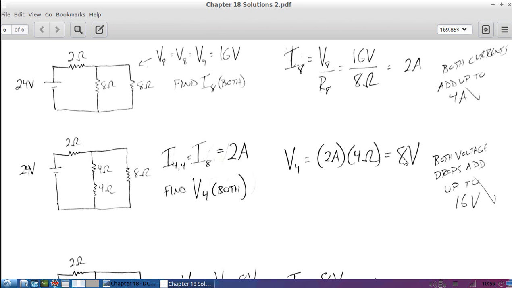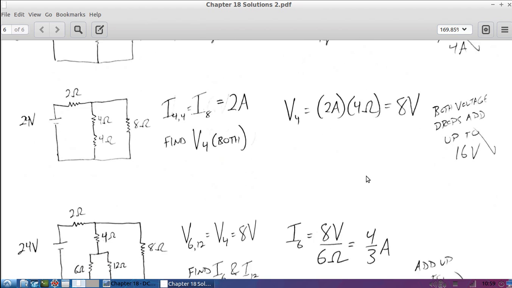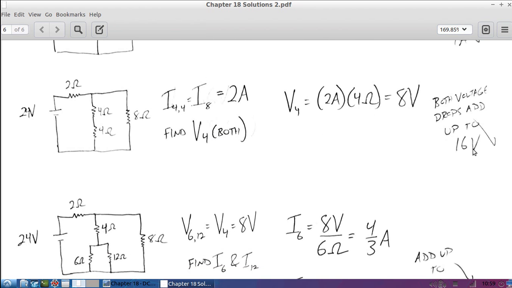I've got 2 8 volt voltage drops. 8 volts across this one, 8 volts across this one. 8 plus 8 is 16. Right? So that's the voltage drop across both of these 8 ohm resistors. Right? So again, I'm feeling good about my answers. They're also very nice numbers in this case, so that also makes it kind of convenient.